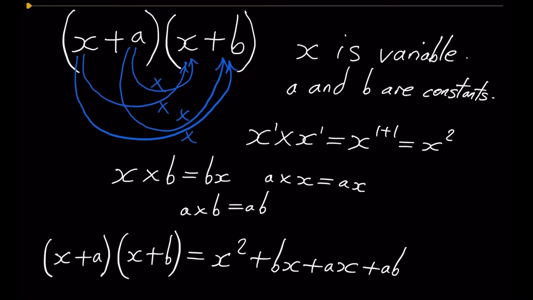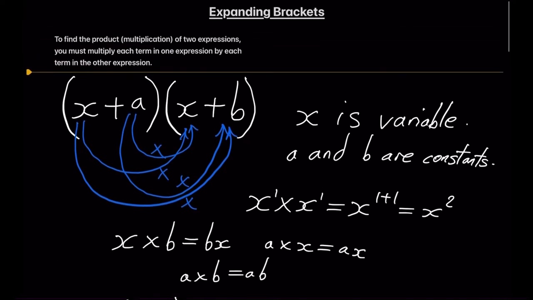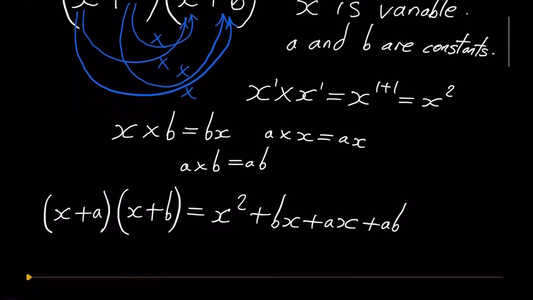As we said before, to multiply two different expressions, you must multiply each term in one expression by each term in the other, and this is what we've done here.